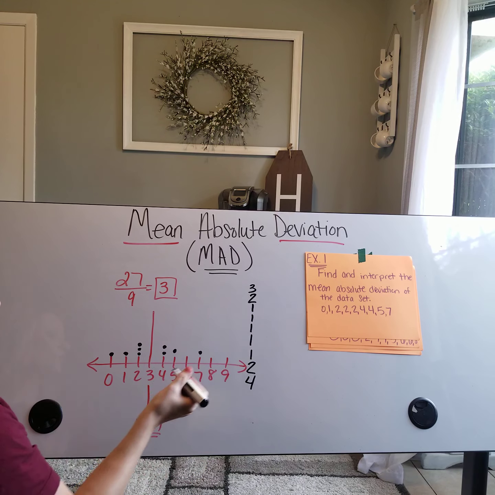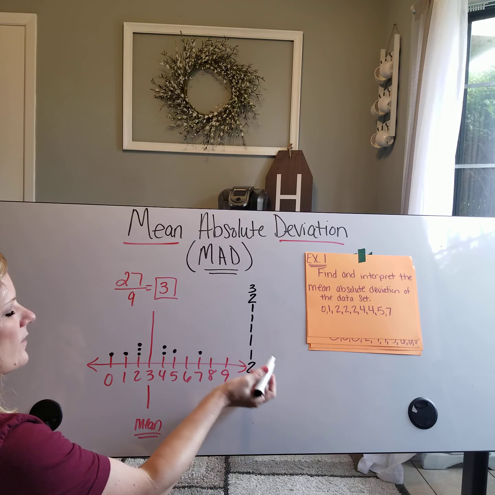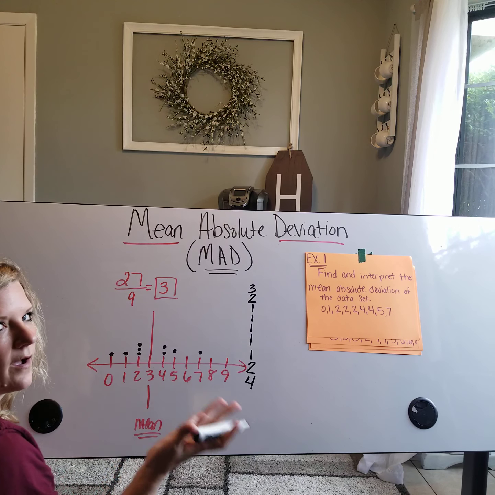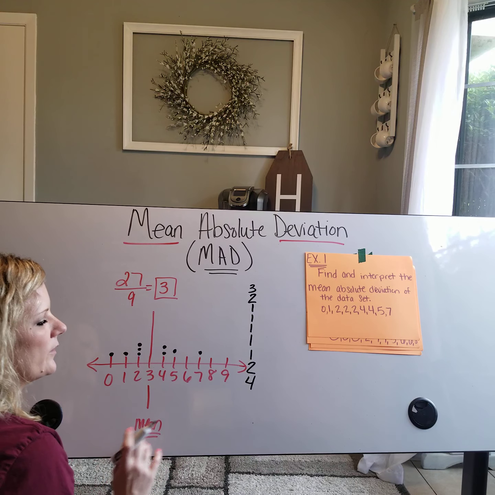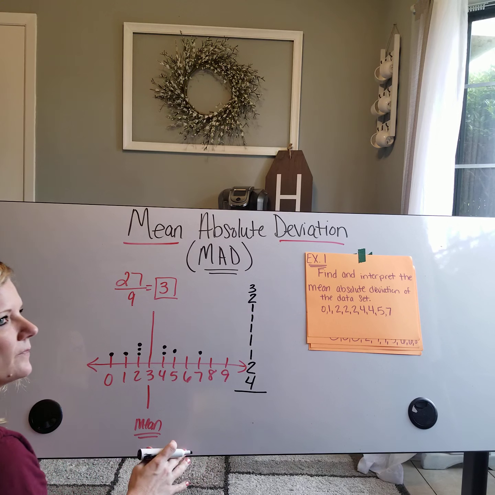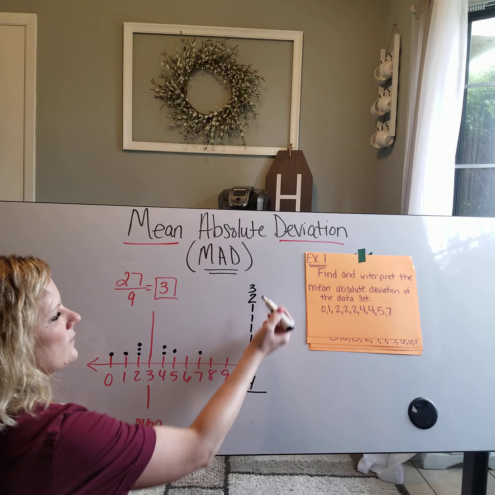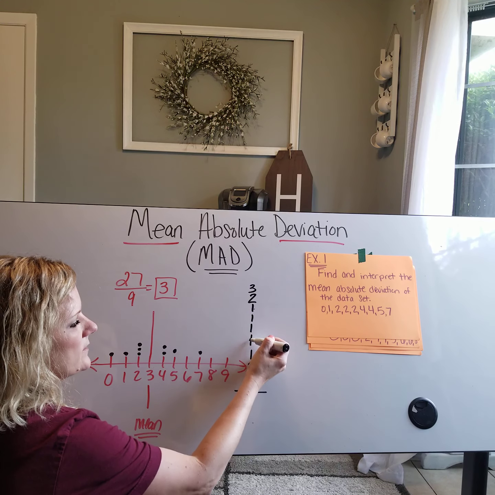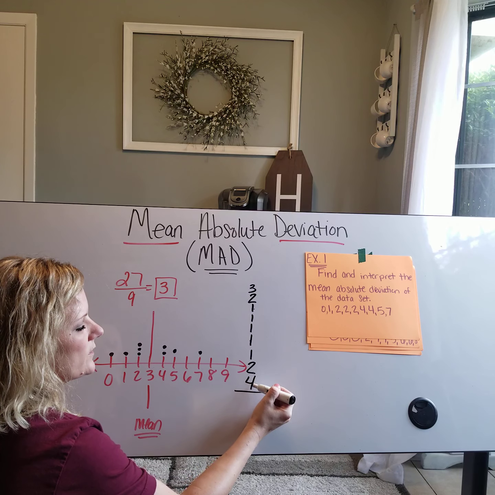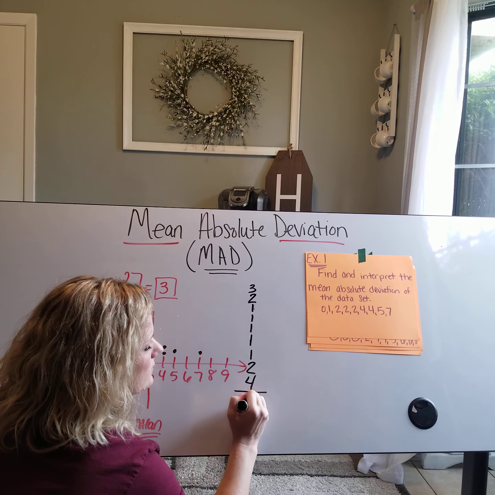Okay, so when you figure out how many places away they are from the mean, or how far they deviate away from your average, then we're going to add them up and take the average of that. So you have 17.